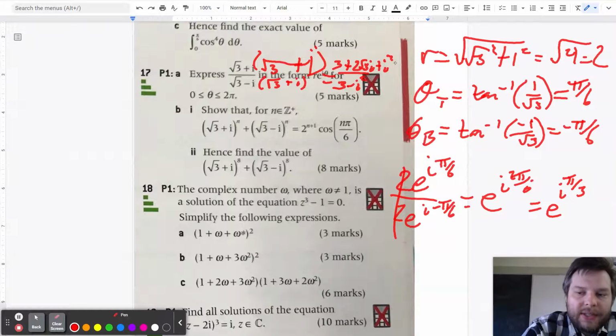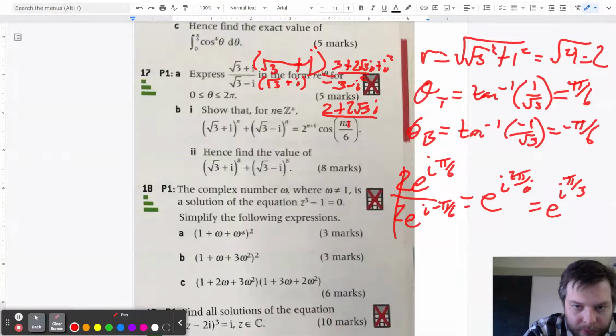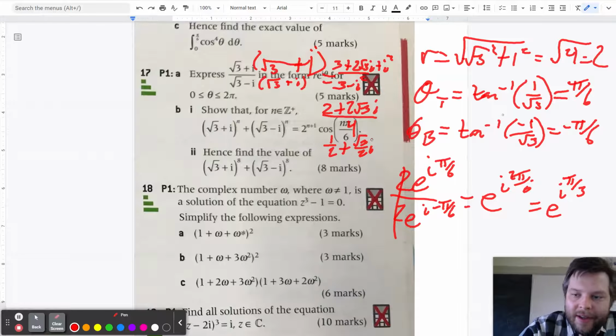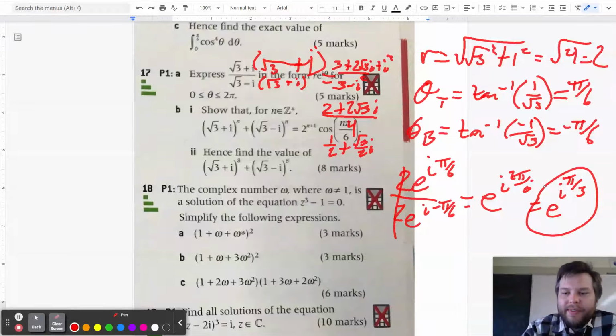And so I squared becomes negative 1. And so you have 2 plus 2 root 3 i over 4, or 1/2 plus root 3 over 2 i, which is the same as what we just found using the polar form. So it's super nice when it works out both ways.